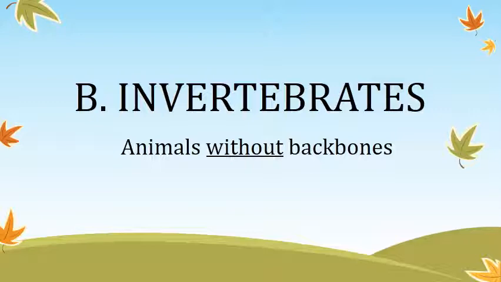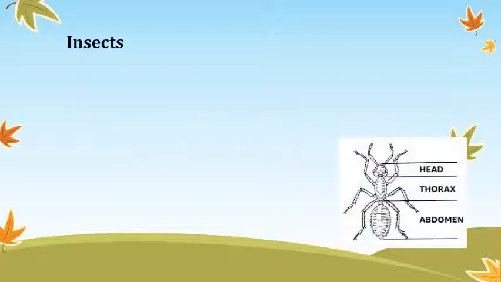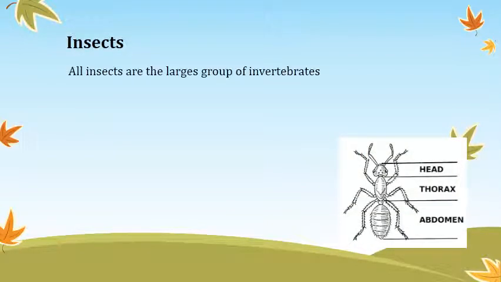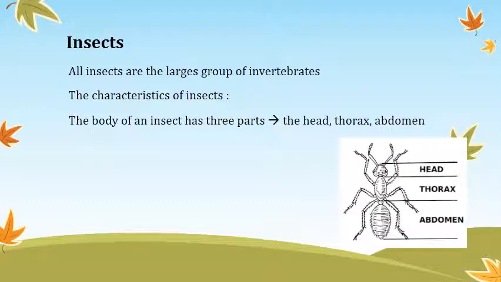Invertebrates, animals without backbones. Insects. Insects are the largest group of invertebrates. The characteristics of insects. The body of an insect has three parts: the head, thorax, and abdomen.